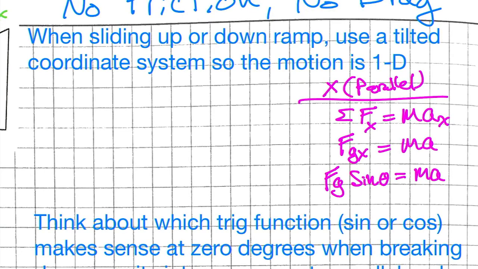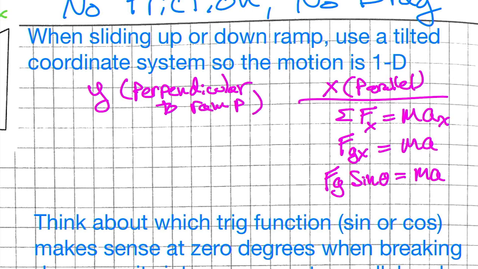And for perpendicular to the ramp in the y direction, that's the amount of gravity that pulls us into the ramp. We're going to have sigma Fy equals 0. And what we get there is Fn, which is in the positive y direction, minus Fgy equals 0.